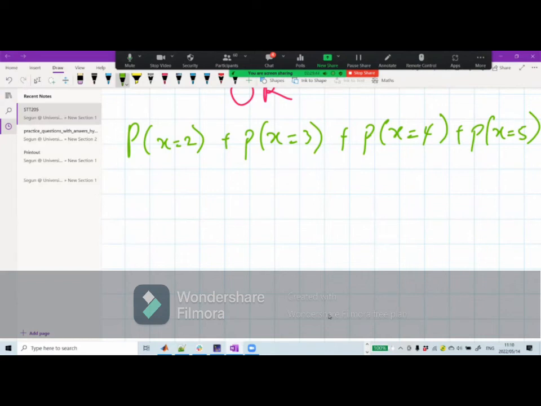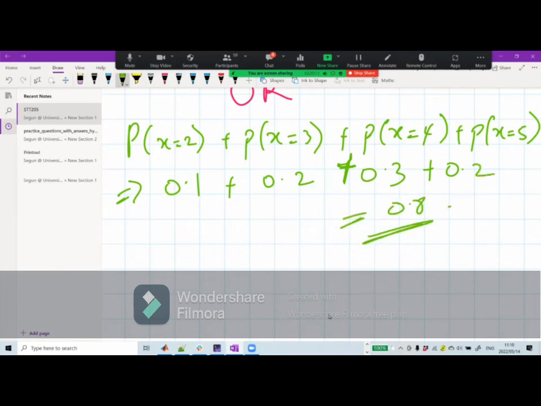Is it not supposed to be probability of S less or equal to 5 minus probability of S less or equal to 2? No. So the two options that I gave you are the correct way. 0.1 plus 0.2 plus 0.3 plus 0.2 is 0.8.